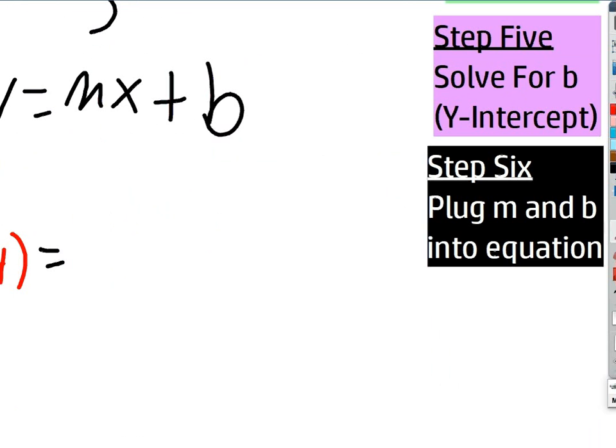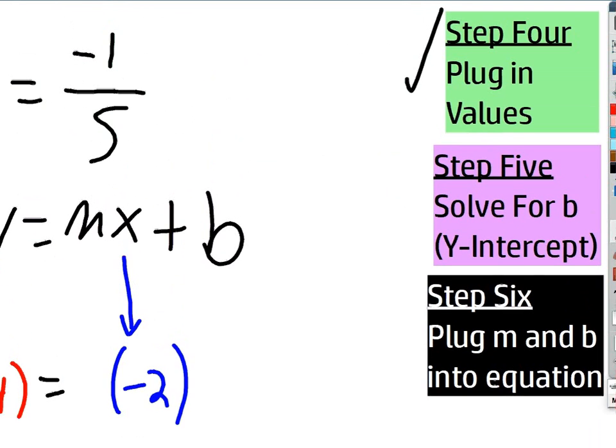And then slope was negative 1/5. So we're going to plug that in for m. Plus b.